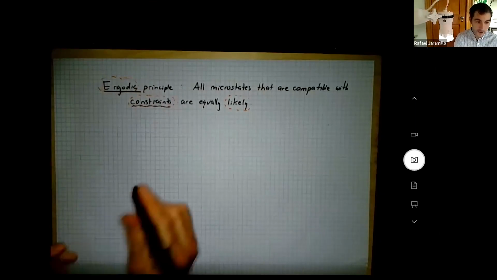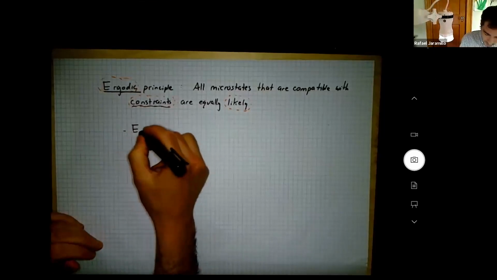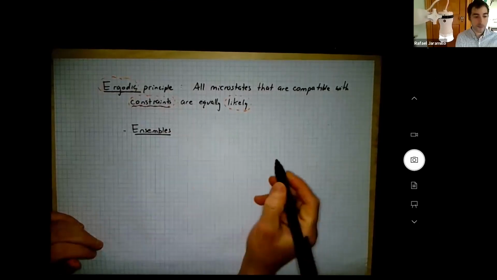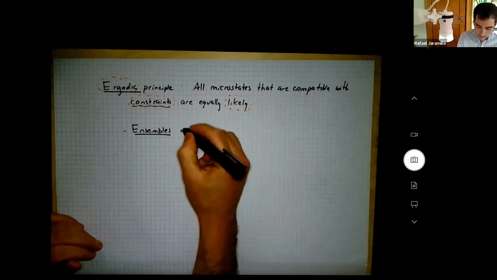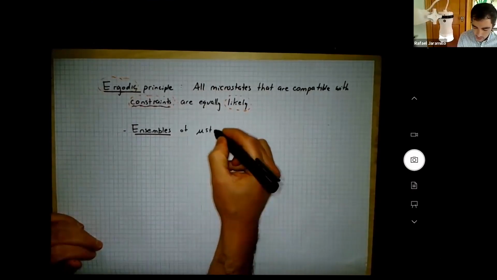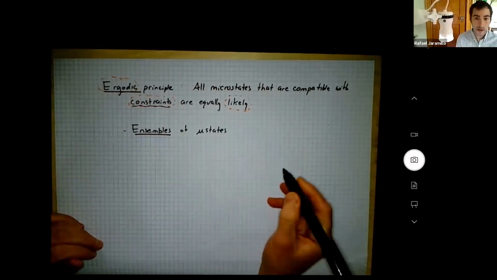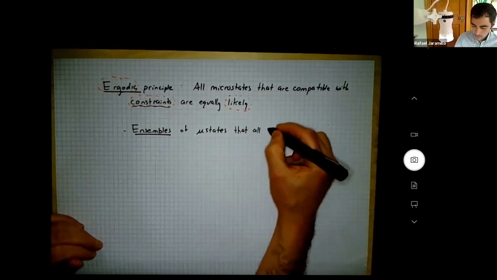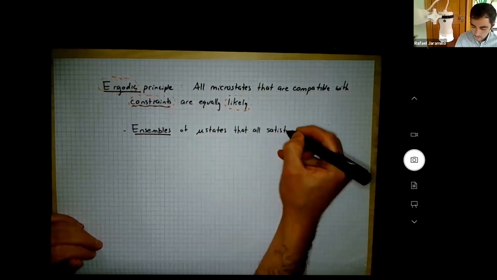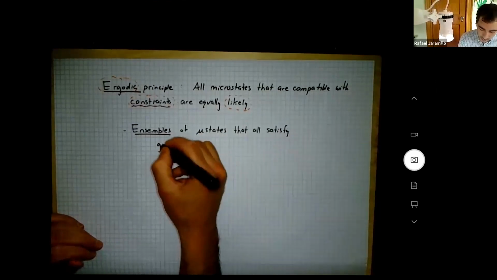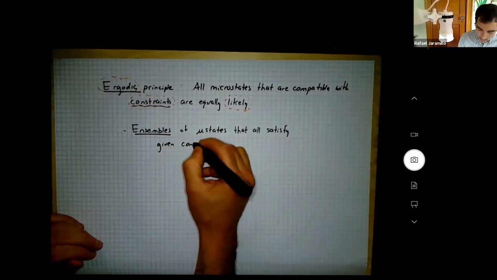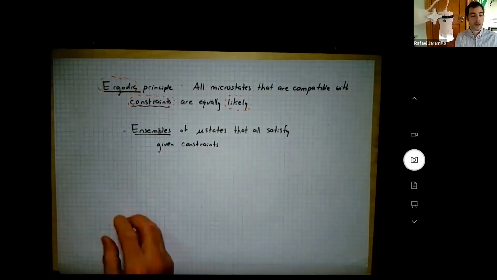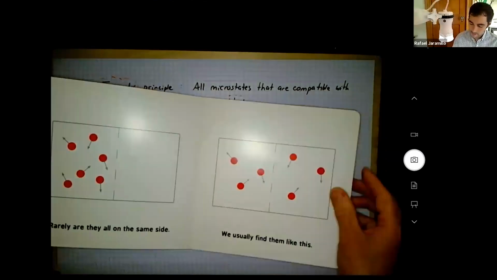So this gives rise to the concept of ensembles. Ensembles of microstates that all satisfy given constraints. So what's an ensemble? An ensemble is a collection, right?